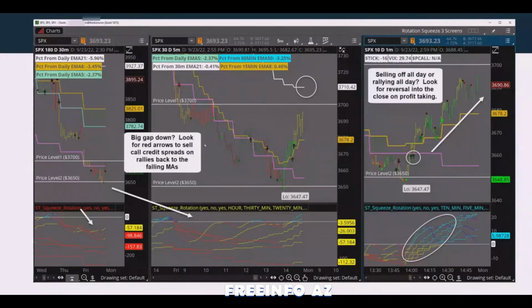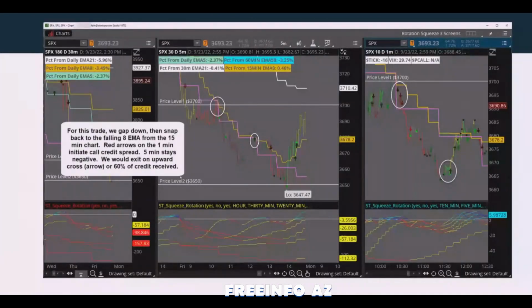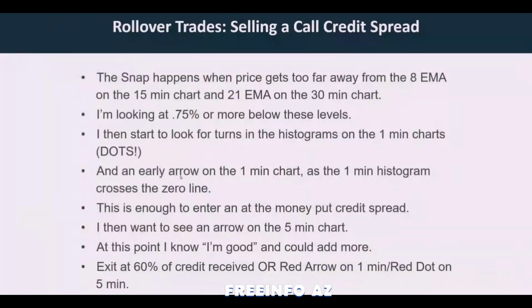Let's look at a bearish one here too. So that's the snap trade. Okay, so let's look at a rollover trade. So this is a rollover trade.